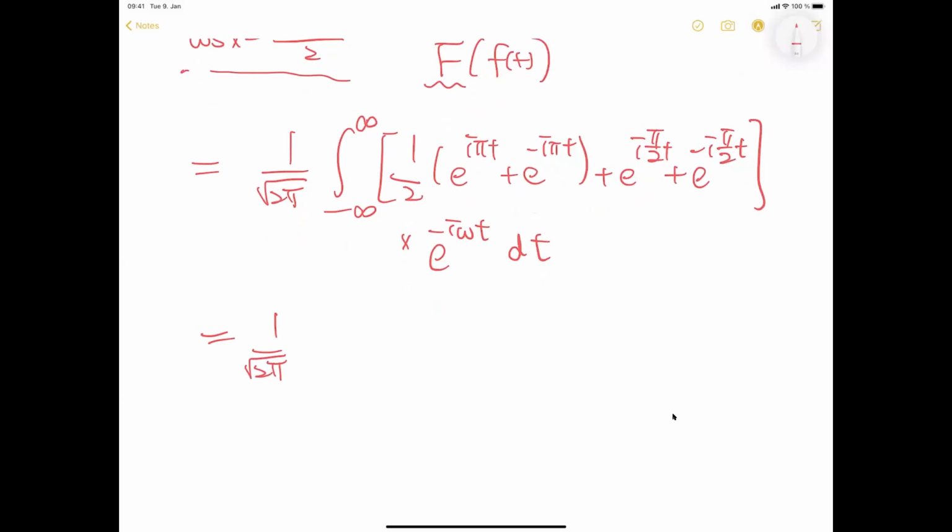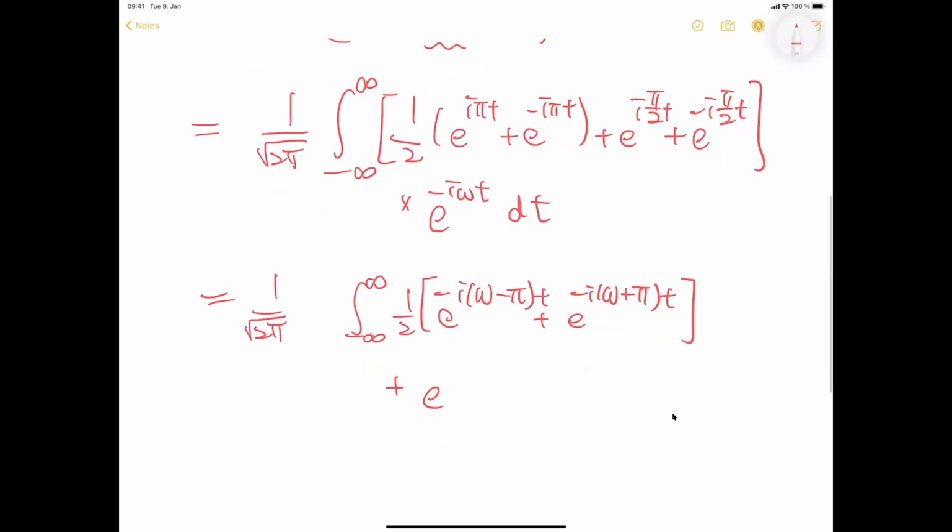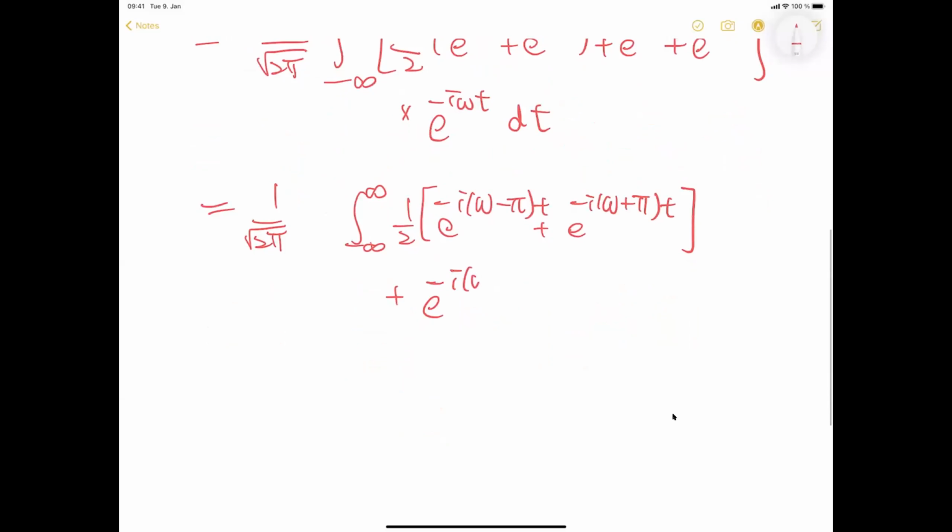So you have 1/2 exponential minus i (omega minus pi) t plus exponential minus i (omega plus pi) t. And you also have the other terms, exponential minus i (omega minus pi over 2) t plus exponential minus i (omega plus pi over 2) t, dt.